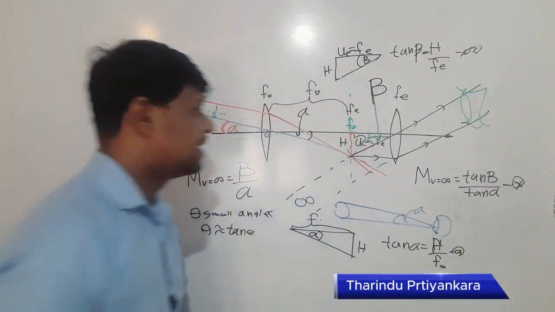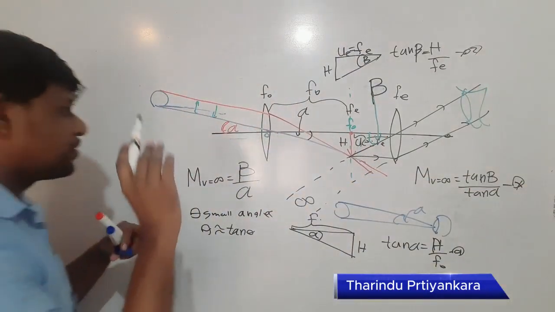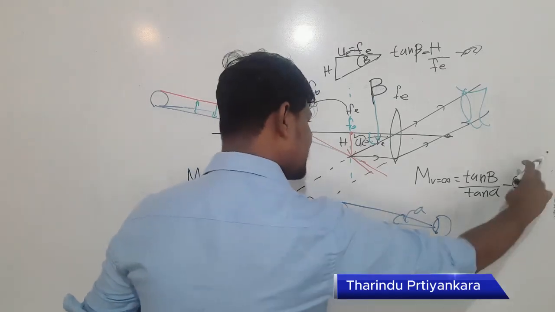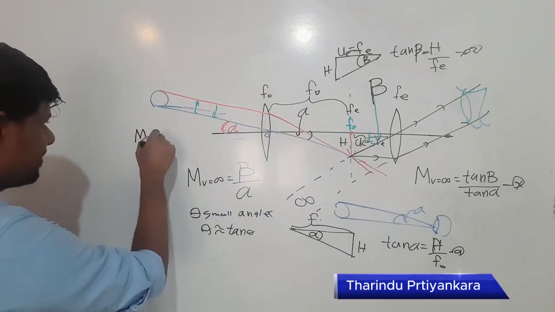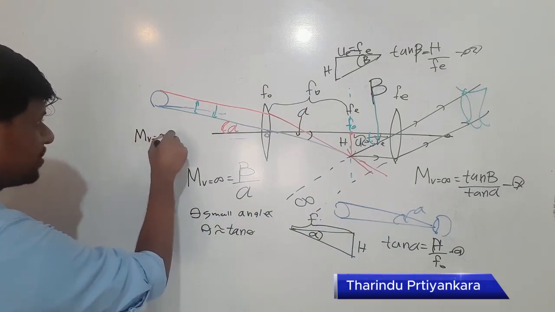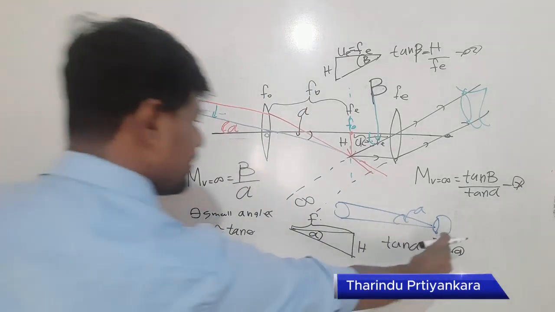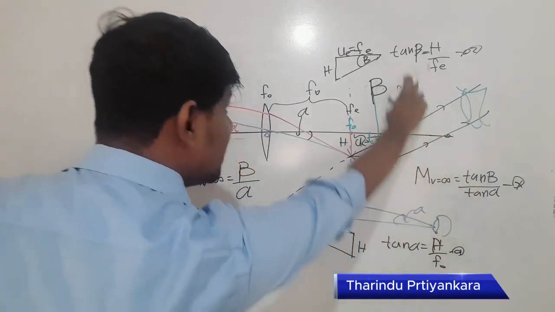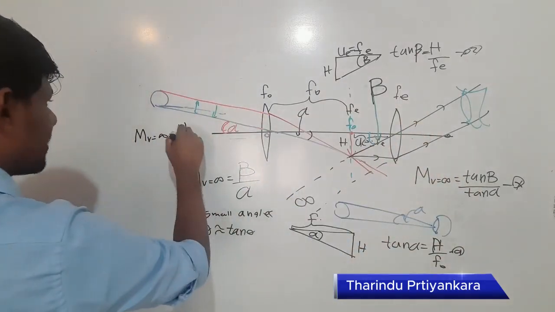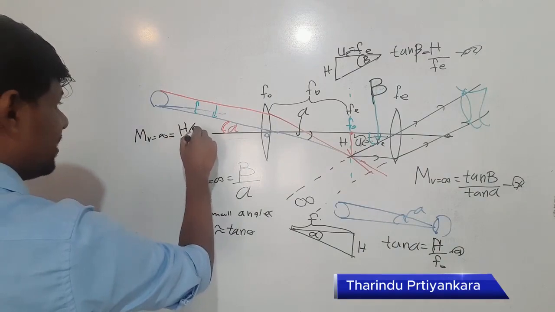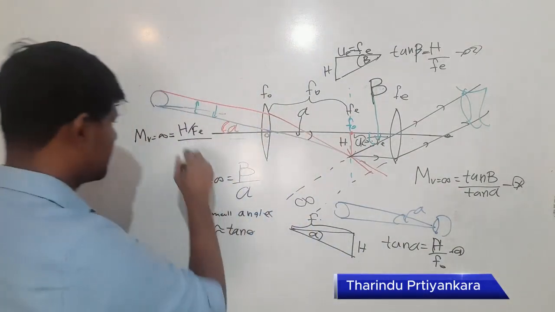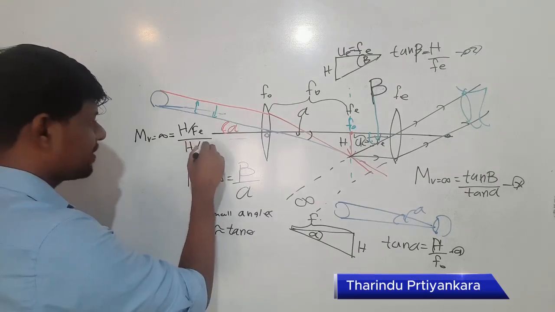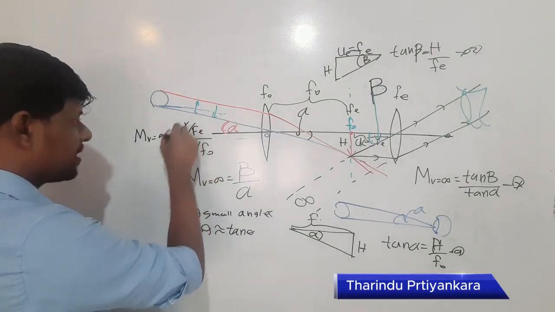Okay. Now what I'm going to do is include these results in the equation X. Magnification of the final image at infinity is equal to what? Tan beta is going to be H over Fe, divided by this part, H over F naught. H cancels off.